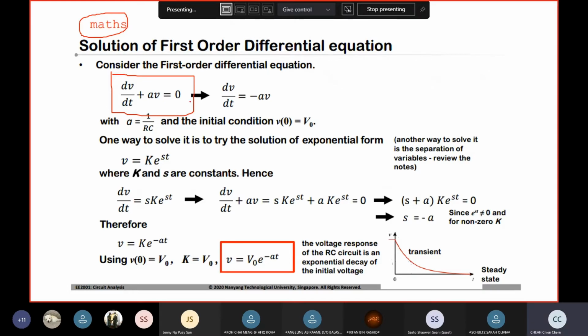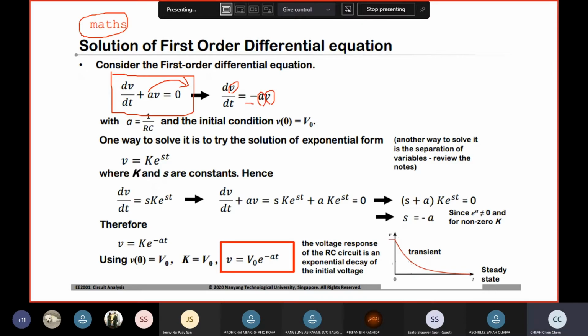Just move this to the other side of the equation. It means that you need to find something that even after you differentiate it, it is still in the form of V, and it's negative, and it has a constant. So it's kind of dV/dt is proportional to V.